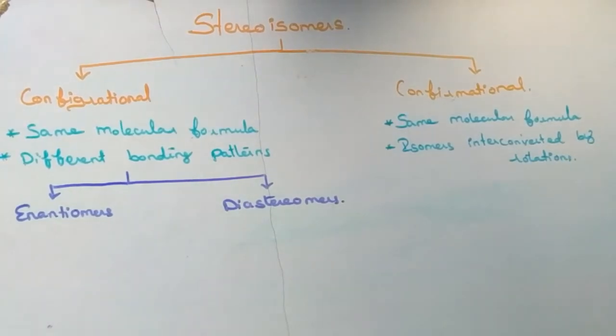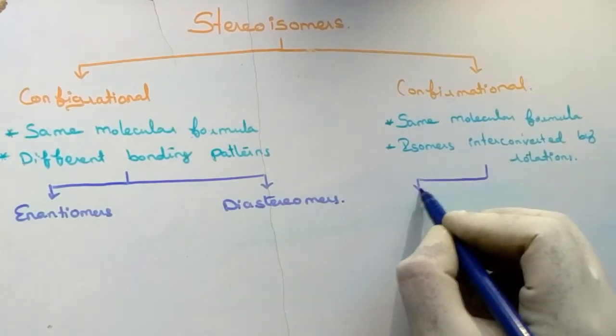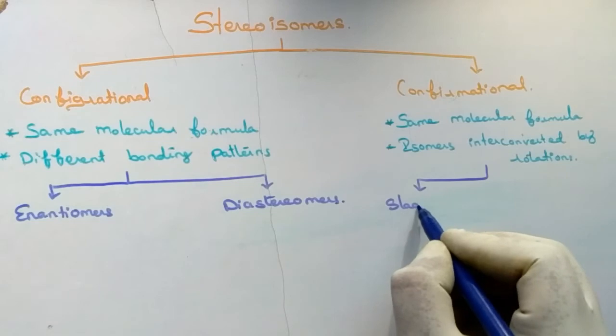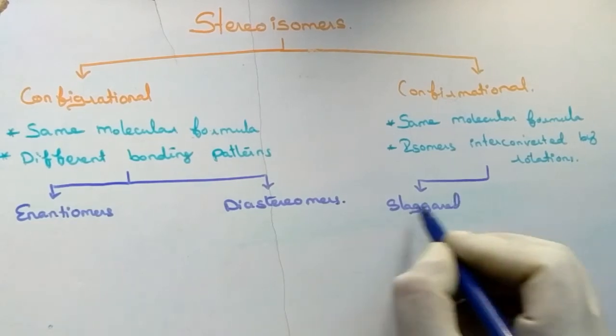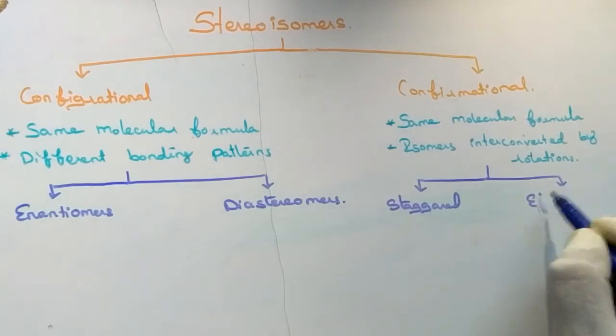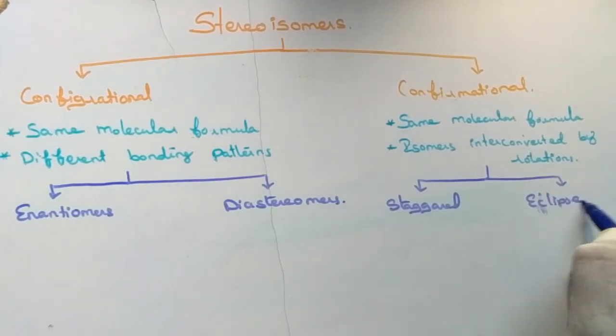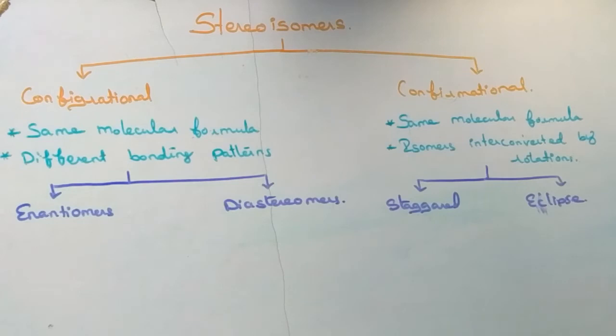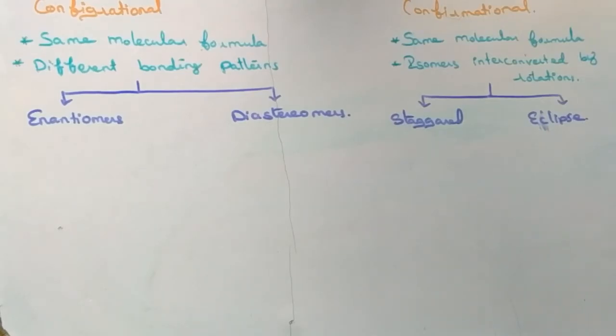Conformational isomers are also divided into two types. They are staggered and eclipsed. Let's see one by one. First, we are going to see about enantiomers.